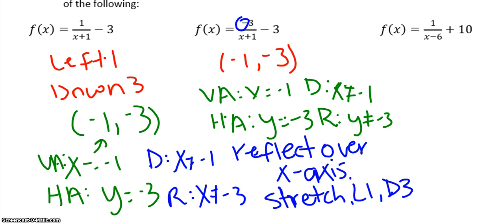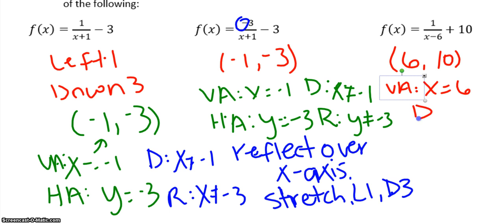Alright, next one. 1 over x minus 6 plus 10. Alright, first let's identify hk. So I have x minus 6, so my h is 6, my k is 10. So my vertical asymptote is x equals 6. So for my domain, x cannot equal 6. Then my horizontal asymptote, y equals k.